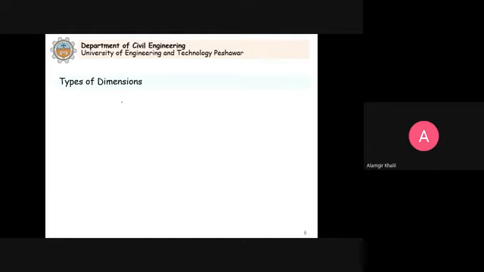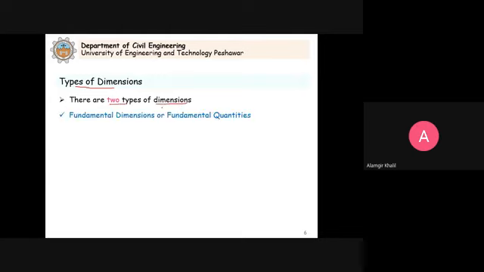Now, types of dimensions. There are two types of dimensions. We have fundamental dimensions or fundamental quantities, and we have secondary dimensions or derived quantities.